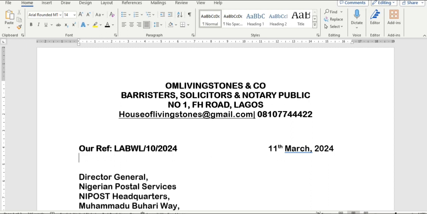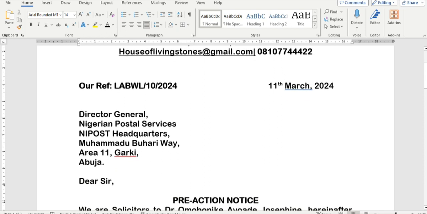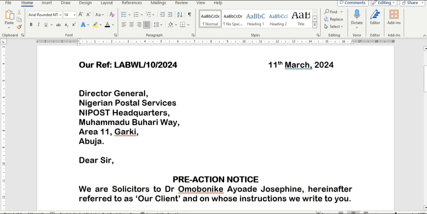Of course, there are some pre-action requirements that are just commonplace and standard, like exploring ADR before going to litigation. But furthermore, if you're about to sue, especially a corporate body with perpetual succession, maybe a government agency or a public company, it's important for you to check their enabling laws, that is, their establishing laws, to find out if there's any stipulation regarding pre-action notices.